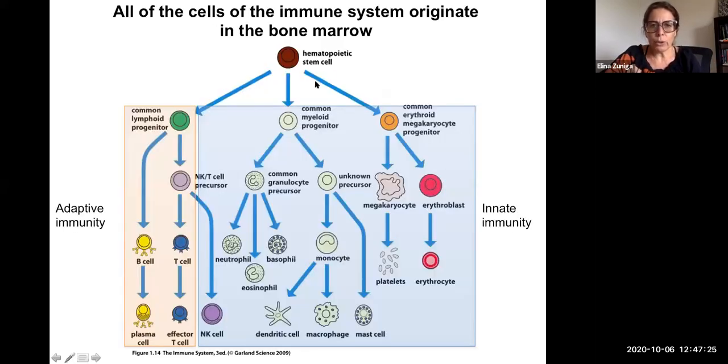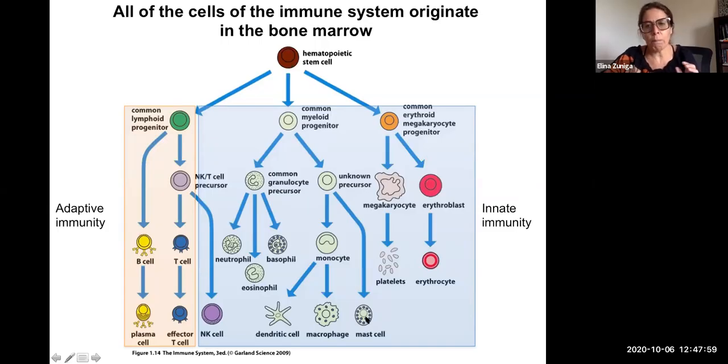We learned in previous lectures that all the cells of the immune system derive from hematopoietic stem cells in the bone marrow, and that most of these professional innate immune cells derive from the common myeloid progenitor, including neutrophils, eosinophils, basophils, monocytes, and dendritic cells.